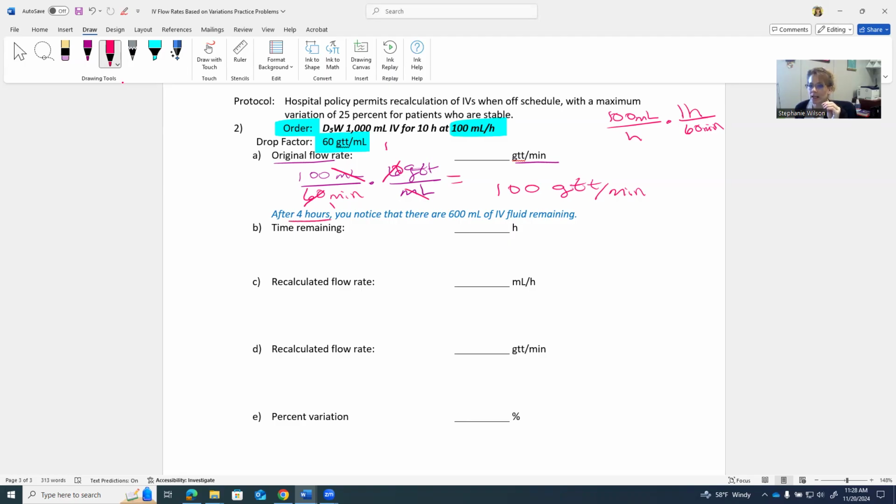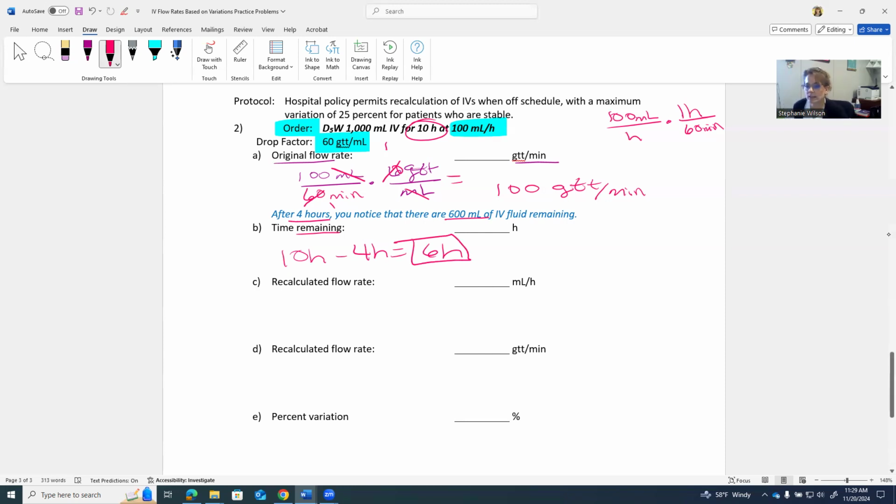Now it says that after 4 hours, something went wrong during the infusion. After 4 hours, you have 600 milliliters left. We want to know our remaining time. Again, our total time was 10 hours, so we subtract the 4 hours, which gives me 6 hours. That's my remaining time.